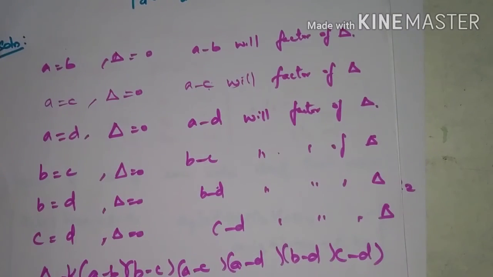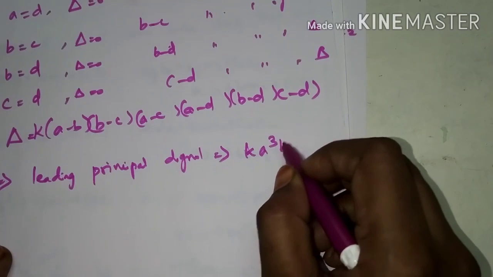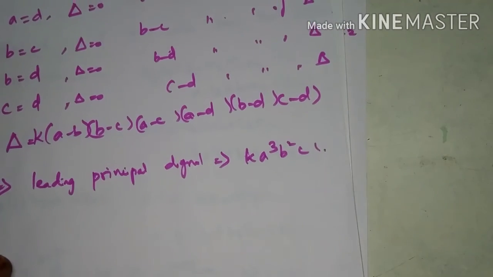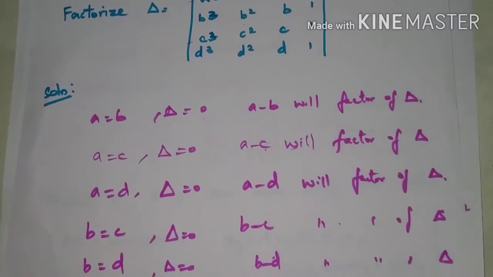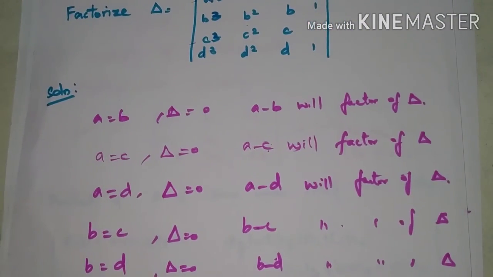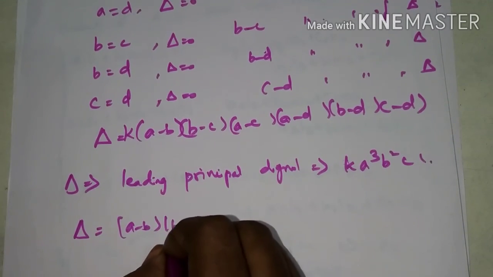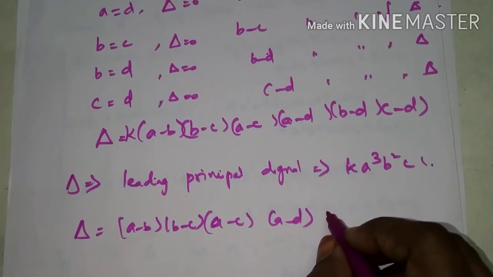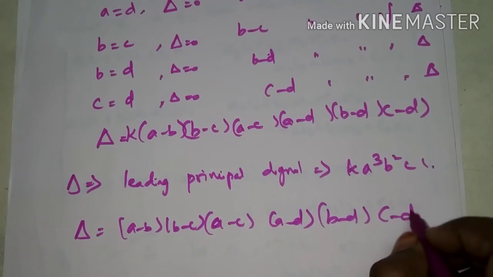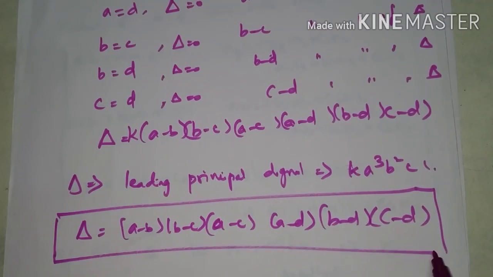So it is k times a cube, b square, c and 1. We can equate both, but in this problem they are asking only for the factors. So the factors of del can be represented as a minus b, b minus c, a minus c, a minus d, b minus d, and c minus d. Okay, these are the factors of the given determinant.